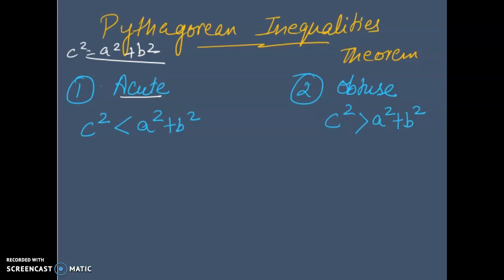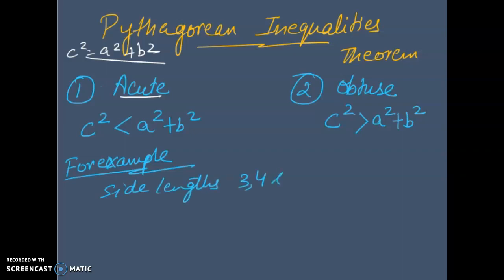Let's take one example to understand it. Let's say the side lengths that are given to us are 3, 4, and 6.